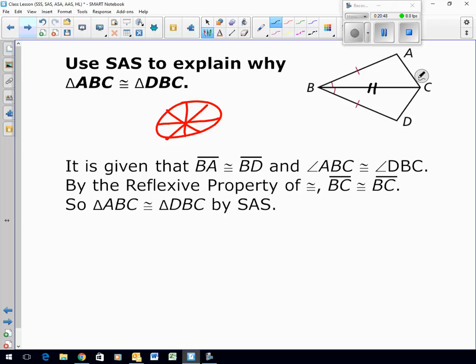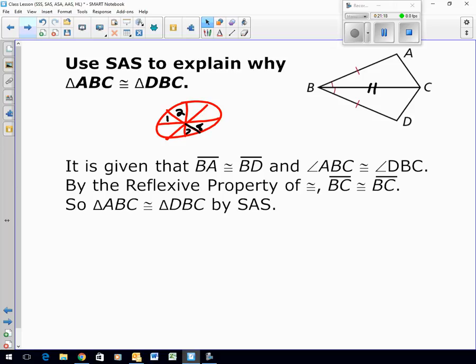The side of slice 1 is the same as the side of slice 2. It doesn't matter if I cut it, even if I cut it like this. Look at this one, 7 and 8. This side length right there is going to be the same in 7 as in 8. So it makes them congruent.